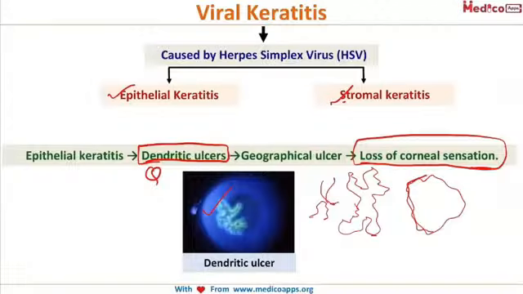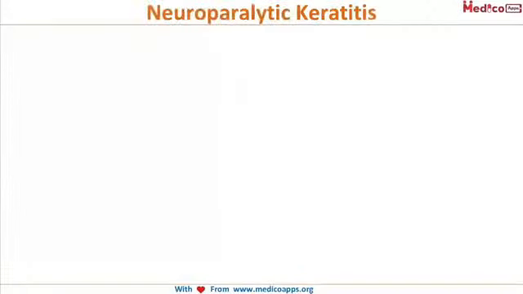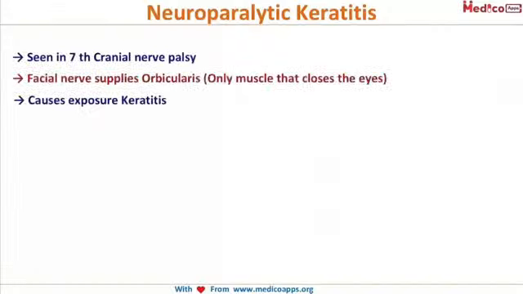There are two types of keratitis that I would like to share with you now. The first one is the neuroparalytic keratitis. As the name suggests, it occurs due to the palsy of 7th nerve. Try to remember here. 7th nerve is neuroparalytic. It is a kind of an exposure keratitis.